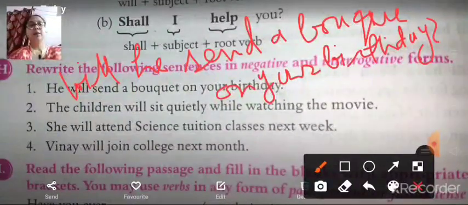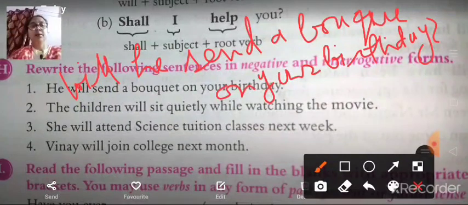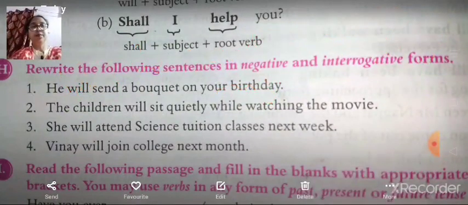And question mark will be placed. Now completed. Now we are moving to next number. The children will sit quietly while watching the movie.